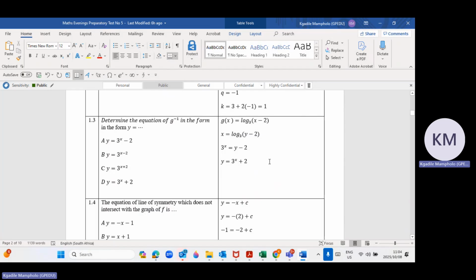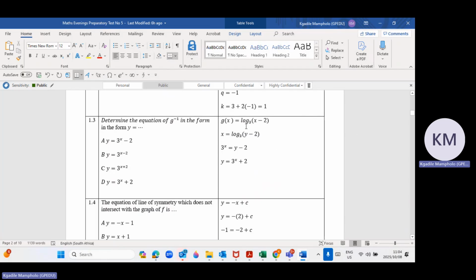The first mark is for recognizing the inverse, so you interchange x and y and get 1 mark for it. Then you get 1 mark for the answer. Even if you don't show the working out here, you'll get full marks, as long as you interchange x and y and get the answer correct.